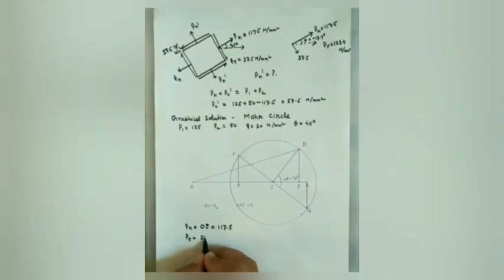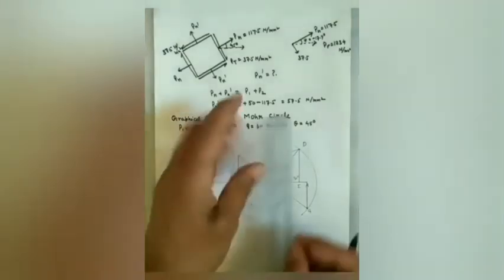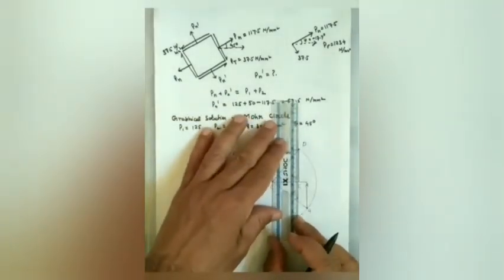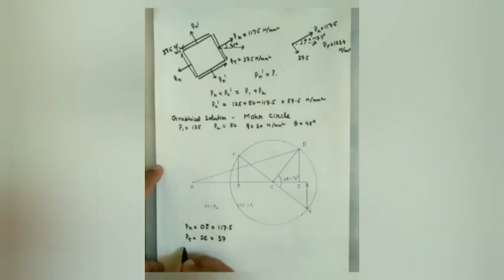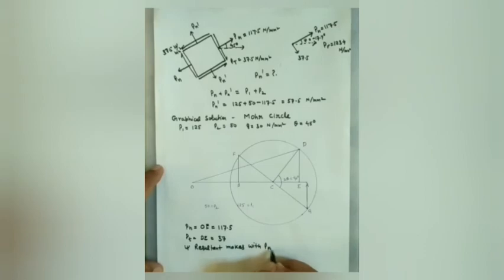So OE is 170.5 and Pt is equal to 37. Let us measure it. DE is 37. And the angle psi, which the resultant makes with the stress Pn, is DOE.